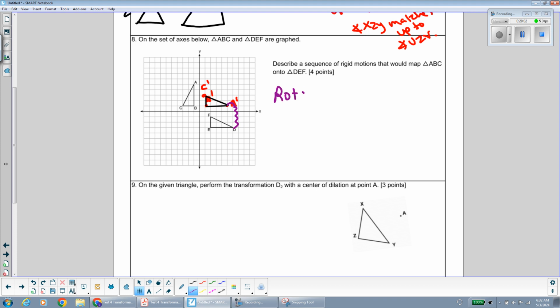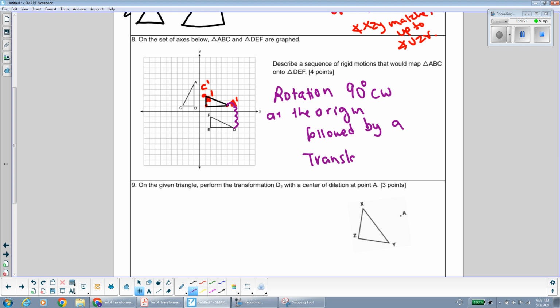A rotation 90 degrees clockwise, centered at the origin, and right here at the origin, followed by a translation, 1 unit right, and 4 units down. There were other ones that worked as well, but this is the one I saw most often.